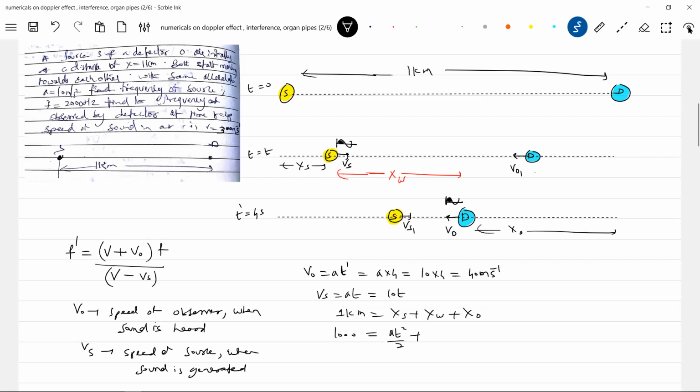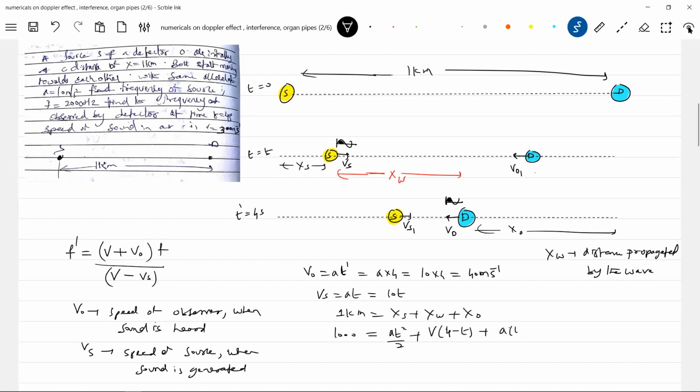What is XW? Distance propagated by the wave. What is the speed of the sound V, into for what time will the wave propagate? 4 minus T. What about X naught?